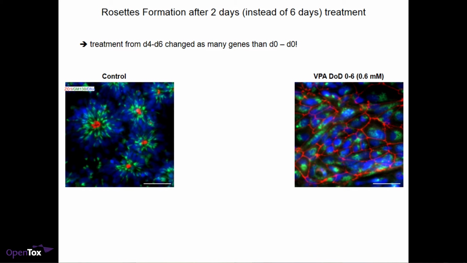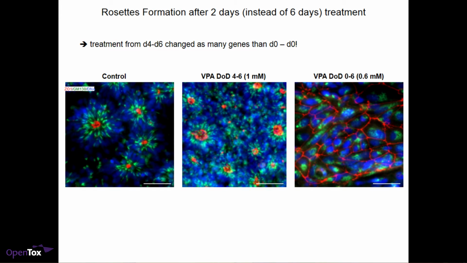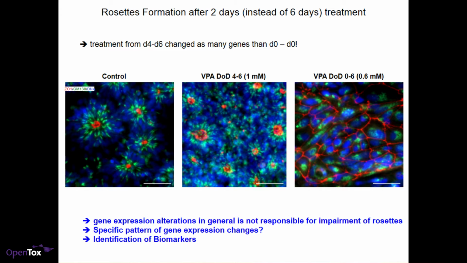We have huge gene expression changes, but still rosettes are formed. So these data sets might help us to identify biomarkers that may predict if on day 6 differentiation might be affected. And this brings me already to the summary.